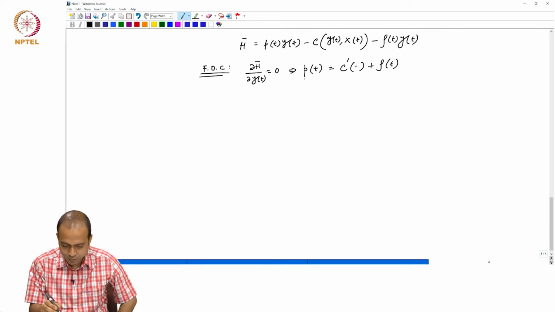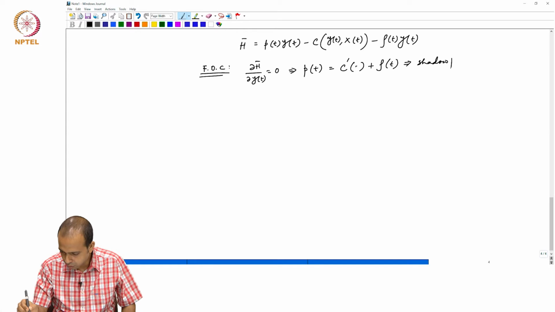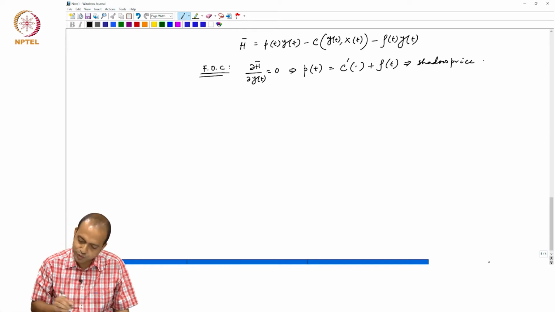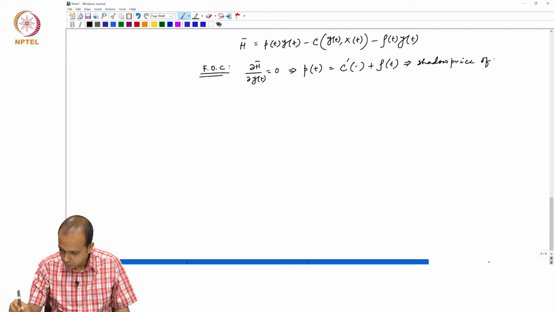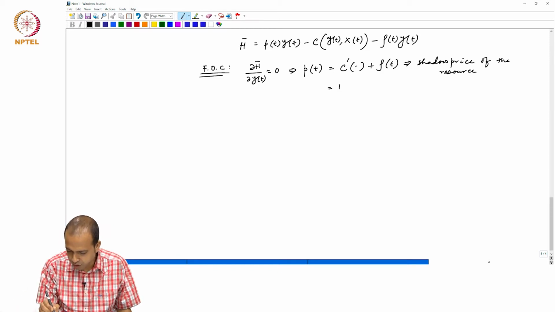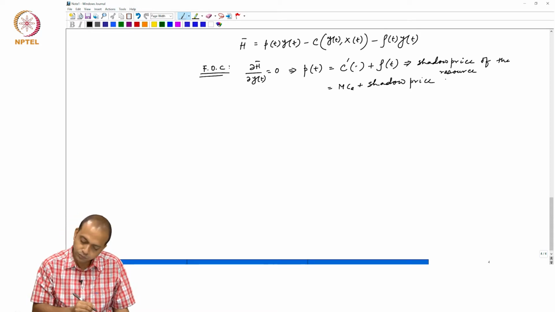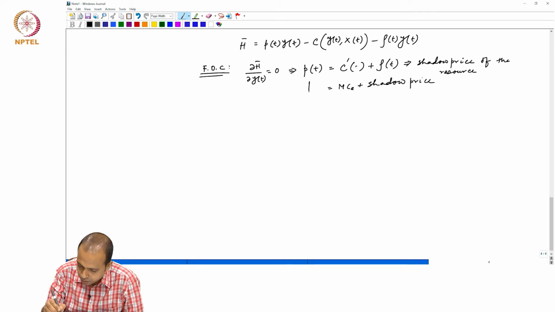This rho t, that means price equals to marginal cost of extraction plus rho t, where rho t is known as shadow price. Shadow price of the resource. So, that means price equals to marginal cost of extraction, or we can write plus shadow price. Okay, P t equals to this.